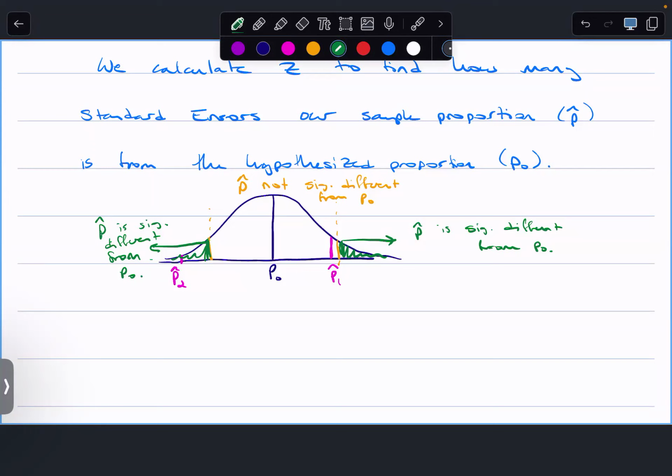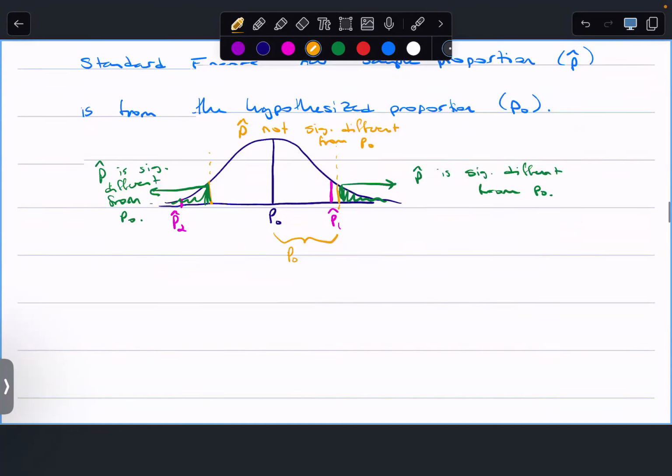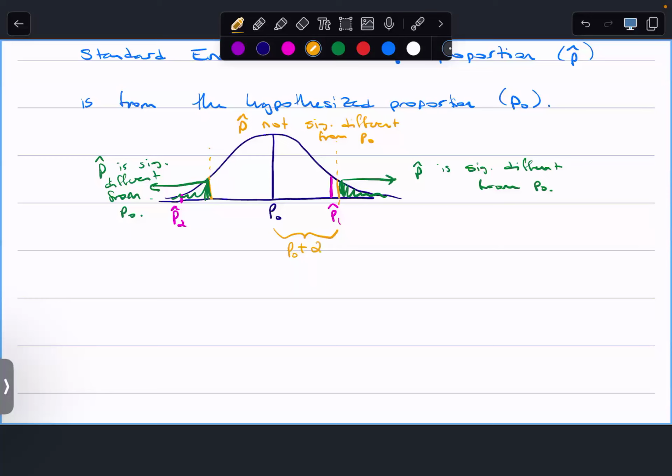Okay. And so we have a quick guide for what that distance should be, right? We've been using p naught plus 2 times the standard error, right? So z is plus 2.